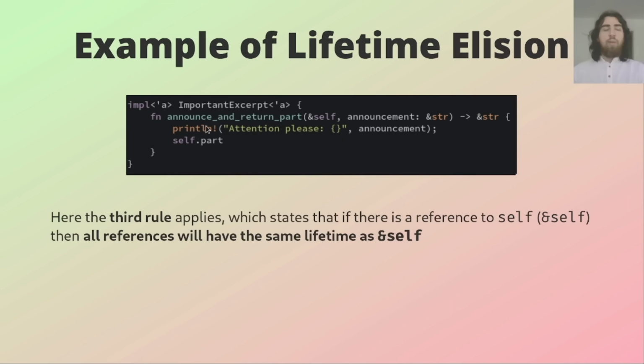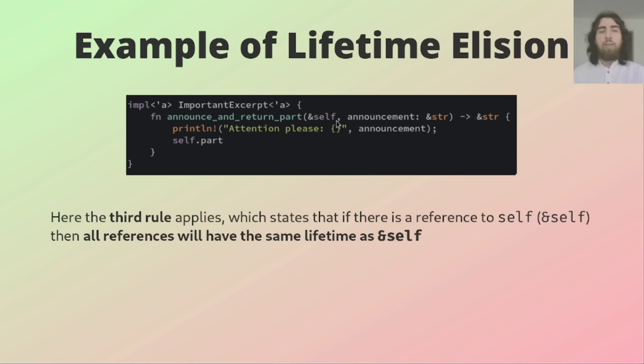Let's see an example in a method. So as you can see, we have a method taking a reference to self, meaning taking the instance as a reference and doesn't take ownership. So here the third rule applies, which states that if there is a reference to self, then all references will have the same lifetime as self, right? So we can have here any number of arguments.